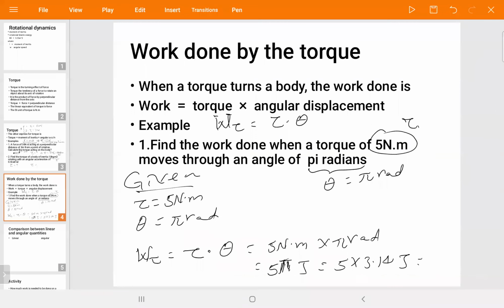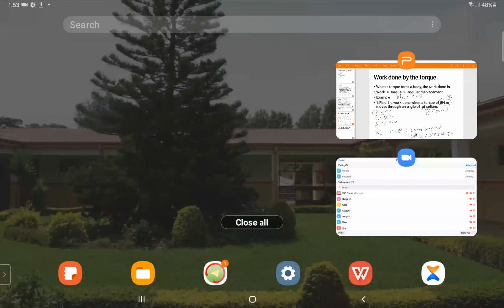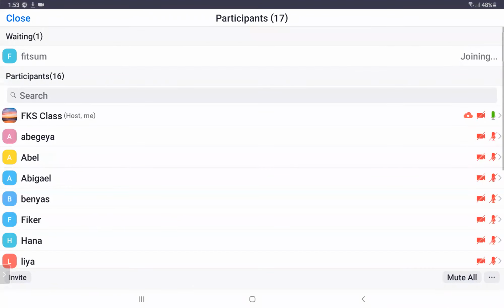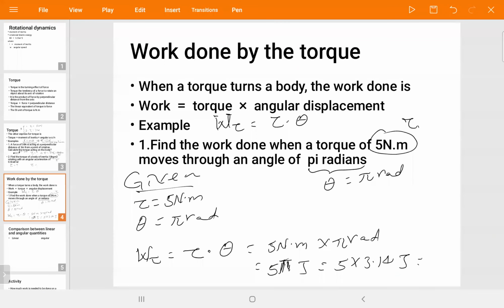Therefore, work done by a linear force and work done by a torque have a difference. To have linear work done, what we need is only a non-zero external force exerted on a body and a displacement.